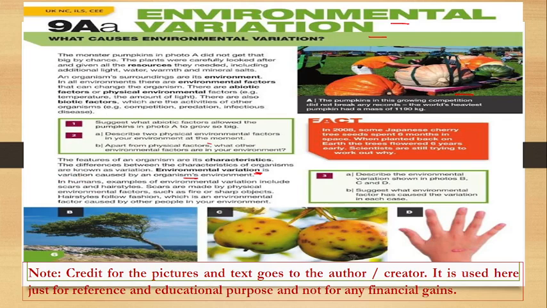In humans, examples of environmental variation include scars and hairstyles. Scars are made by physical environmental factors, such as fire or a sharp object, any injury, any cut to an individual by a sharp object.